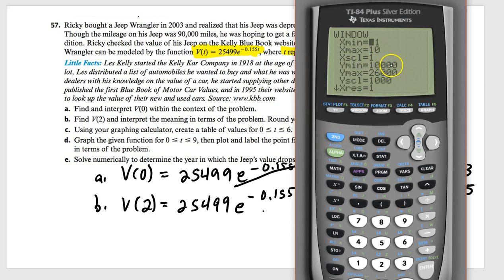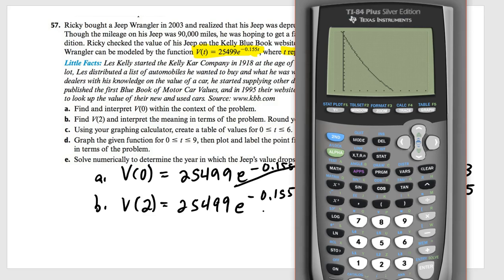And then for my Y minimum, I said 10,000, and my Y maximum, 26,000. I went ahead and changed my scale of my Y to 1,000, just so that my tick marks will be able to see it a little easier. I'll say graph. And you can see it is exponential, and it looks like this. Now, my horizontal axis would be my years since 2003, and my vertical axis, if you labeled it, would be the value in dollars.